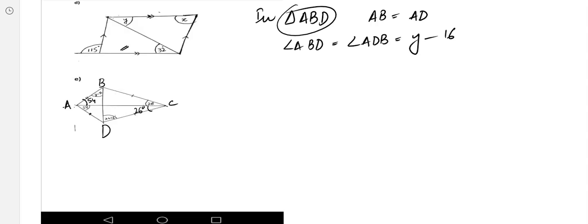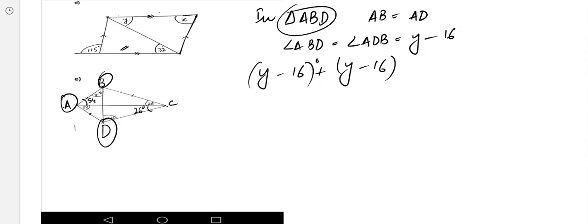So in this triangle ABD, there are three angles which are forming a triangle: Y minus 16 plus Y minus 16 plus 54 and 54. The third angle is BAD and it is comprised of 54 plus 54, as we know that this diagonal is dividing the angle into two equal halves.